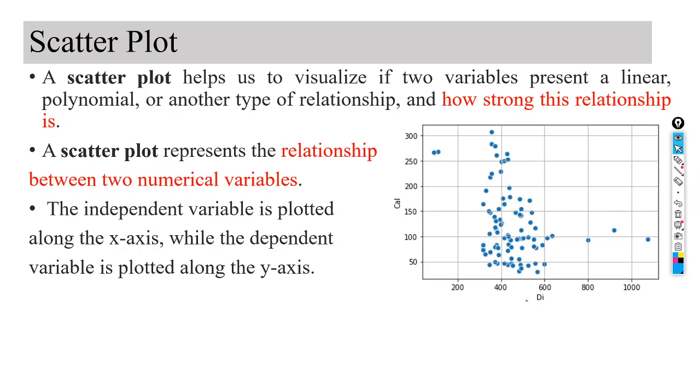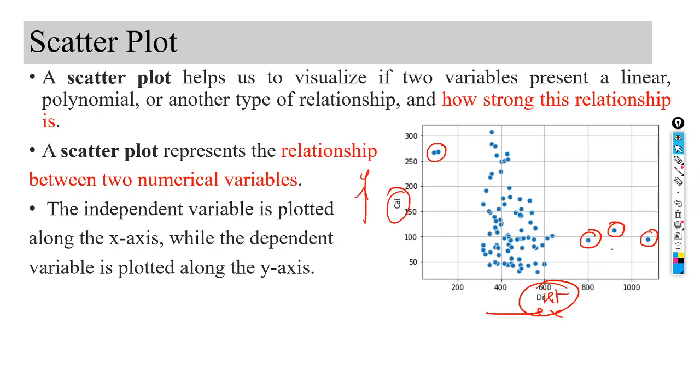In this graph, on the x-axis we take the independent variable and on the y-axis the target variable, calories. If you observe here, these two data points are deviated from all the other data points, and this point and this point are also deviated.